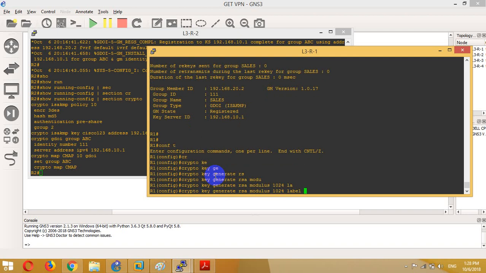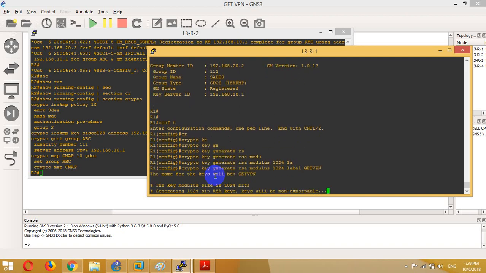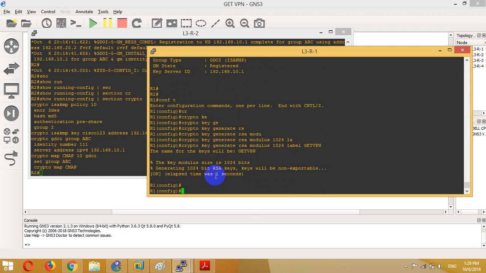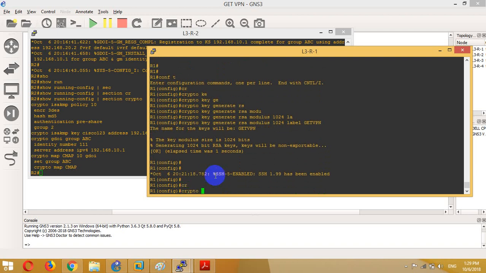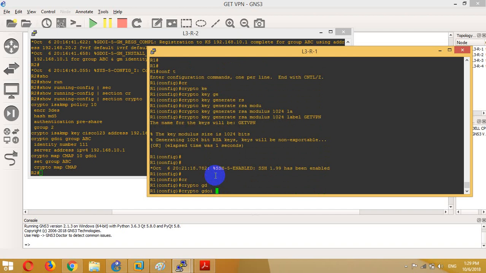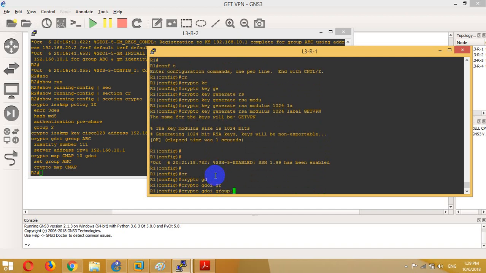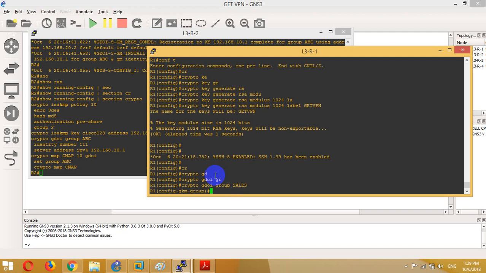The label is just a name that I'm going to use later, GET VPN, for example. The key is generated right now. Now where am I going to use it? Under the GDOI. So crypto GDOI group. What is the name of that group? Sales. Yes, enter.